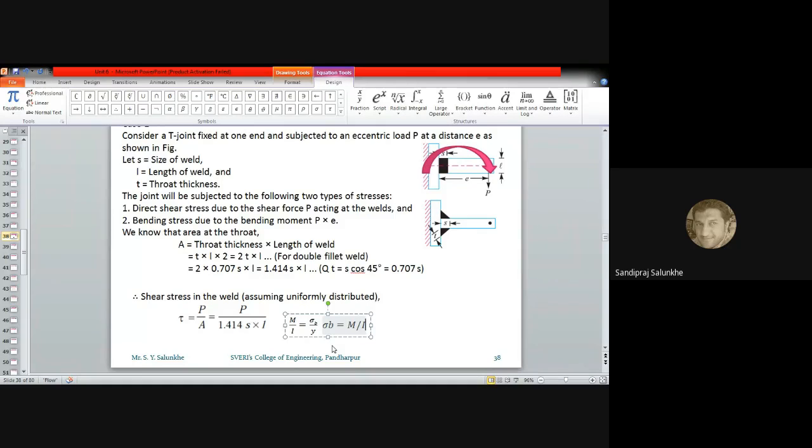So by means of this, we can calculate sigma B, and later on one can calculate the maximum bending stress.